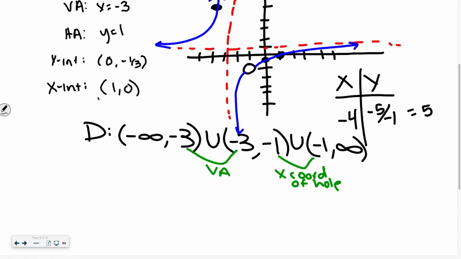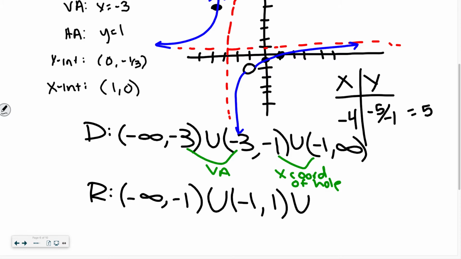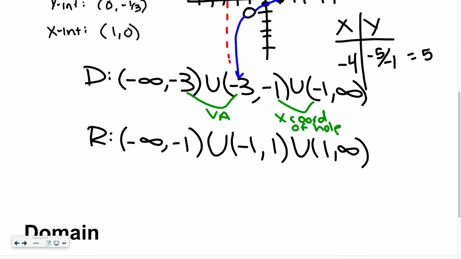But here we will. So for range, first I'm going to exclude the -1, then I'm going to come up to 1 and exclude the 1. So in this one I'm excluding the y-coordinate of the hole and the HA.